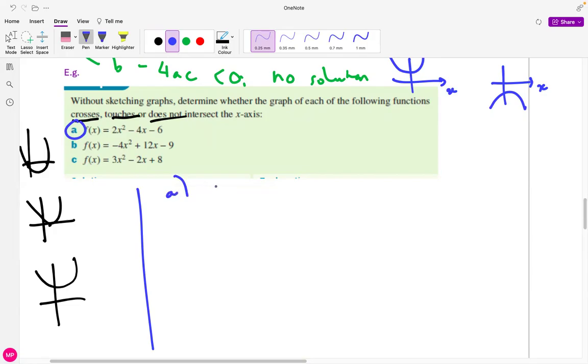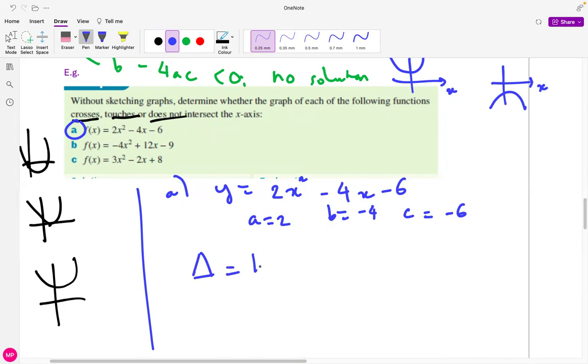y equals 2x squared minus 4x minus 6. a is 2, b is negative 4, and c is negative 6. So we're going to test the discriminant. The discriminant equals b squared minus 4ac. b squared is negative 4 squared, minus 4 times 2 times negative 6.